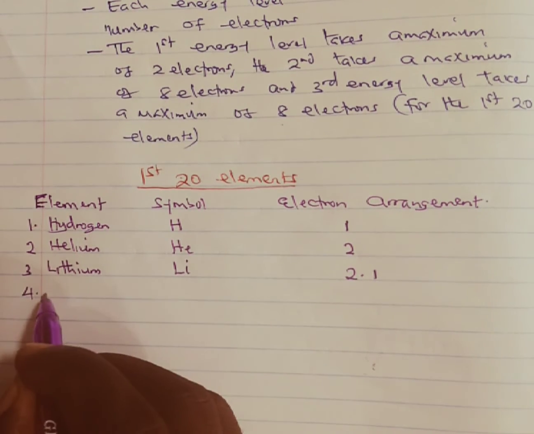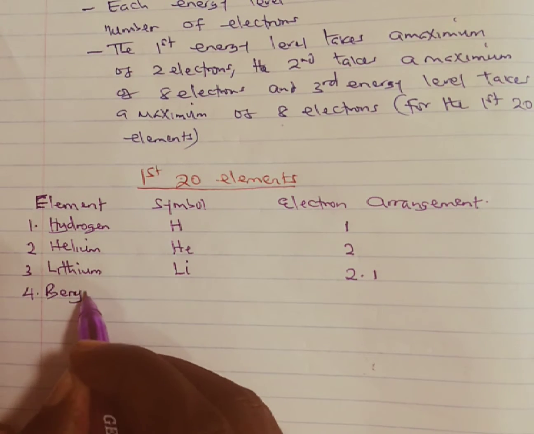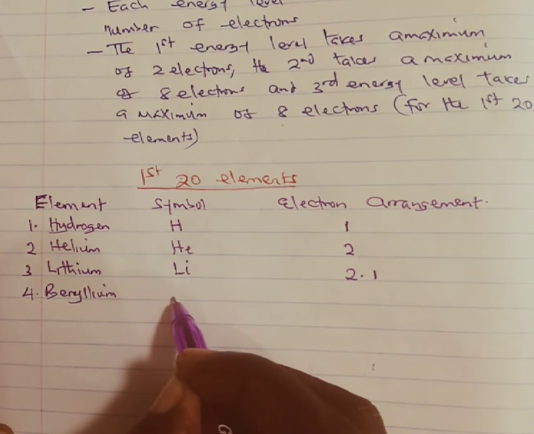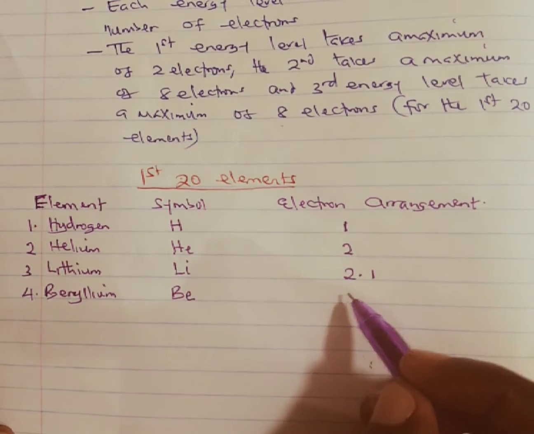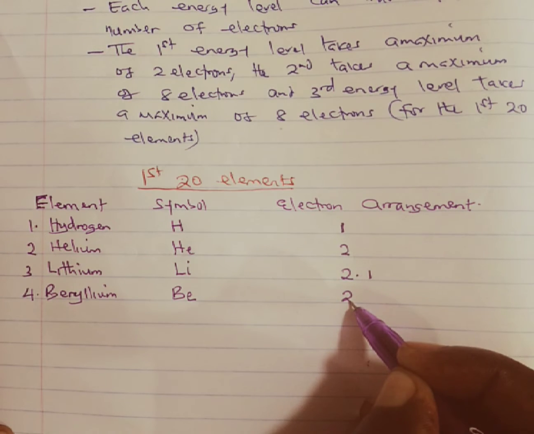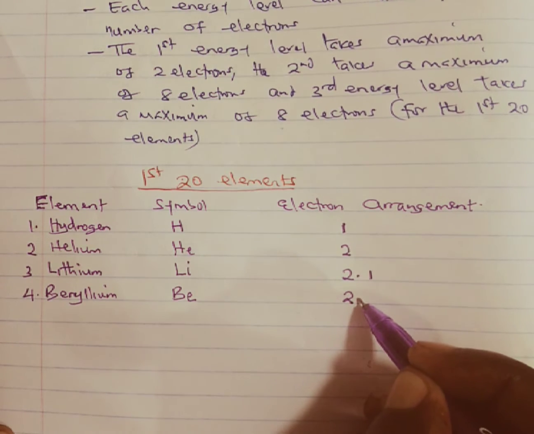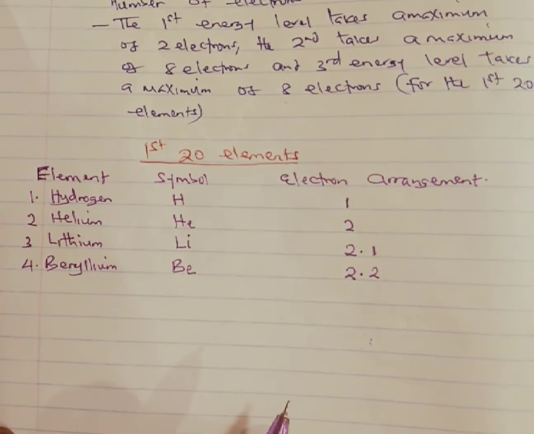Then we go to 4, which is beryllium. The chemical symbol for beryllium is Be, and since beryllium has 4 electrons, the first energy level takes a maximum of 2. Then the remaining 2 electrons move to the next energy level.